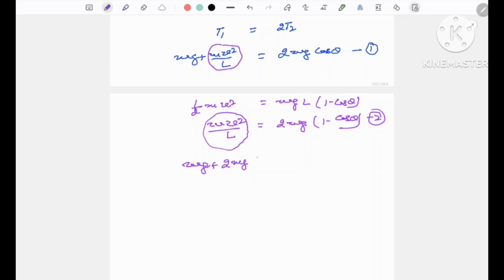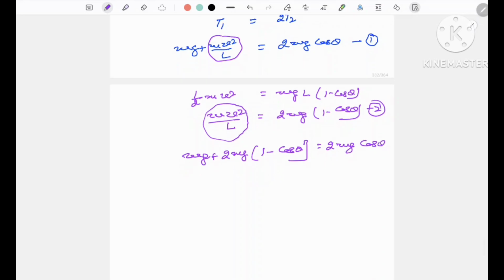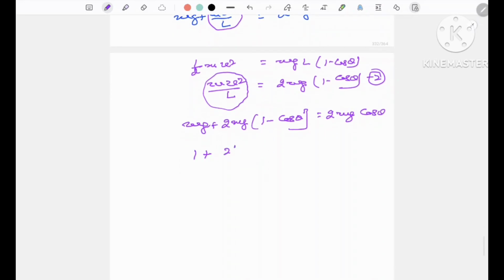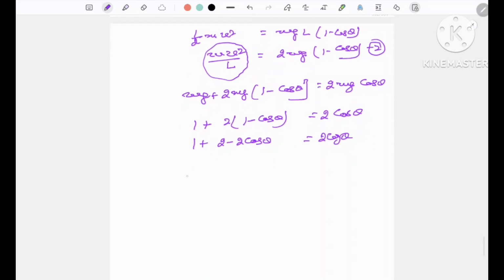इक्वेशन नंबर 2 से mv² बाई एल की वैल्यू इक्वेशन नंबर 1 में पुट कर दी, तो mg प्लस 2mg 1 माइनस कोस थीटा will be equal to 2mg cos theta. mg से divide कर दिया तो 1 plus 2 1 minus cos theta will be equal to 2 cos theta. 1 plus 2 minus 2 cos theta is equal to 2 cos theta. 2 cos theta plus 2 cos theta is equal to 3. 4 cos theta is equal to 3.